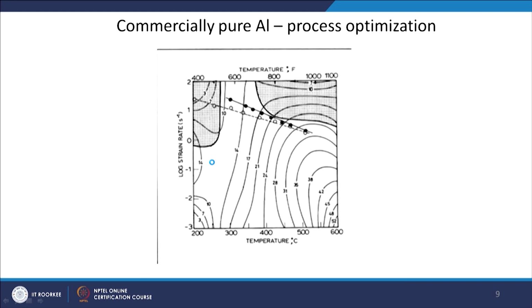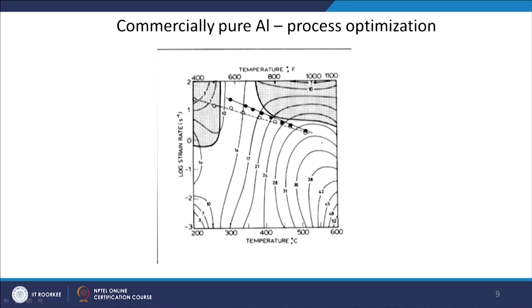So, one way to use processing maps is like this. Another process optimization was done in commercially pure aluminum. As I was telling you, these are continuous processes. The material is heated in the furnace, and then there are a couple of, or maybe three to four, rolling mills. The material goes from one rolling mill to another. So, the temperature is continuously coming down during the deformation process.